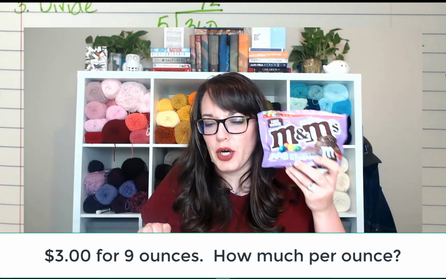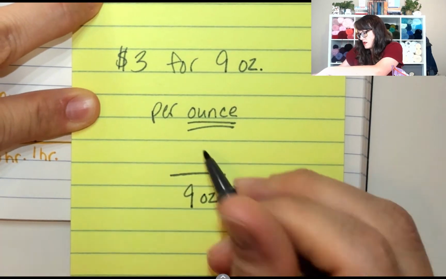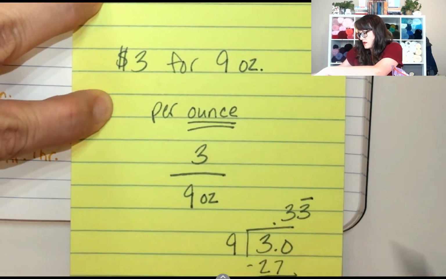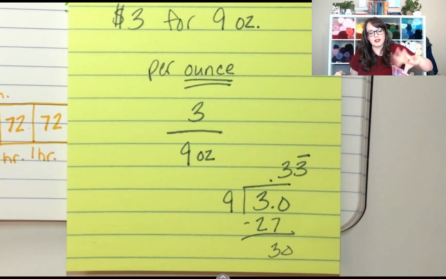How much per ounce? All right, so when you divide, remember we need to split the money up because it's asking per ounce. So I'm paying about 33 cents per ounce of fudge brownie M&Ms.